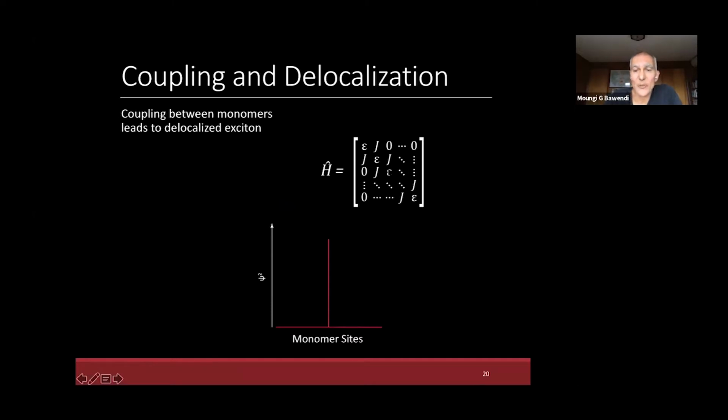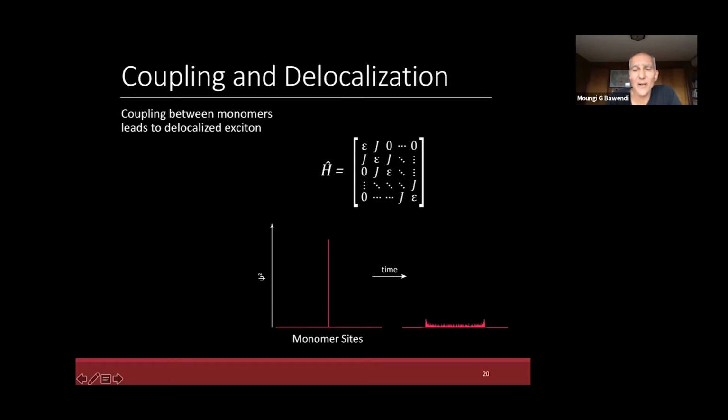If you insert an excitation on one dye molecule and let this Hamiltonian propagate in time, you find that very quickly that excitation delocalizes over the whole aggregate of molecules.